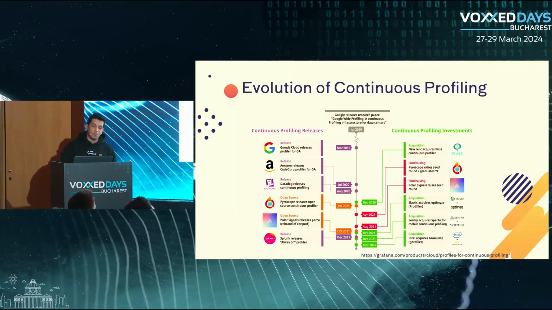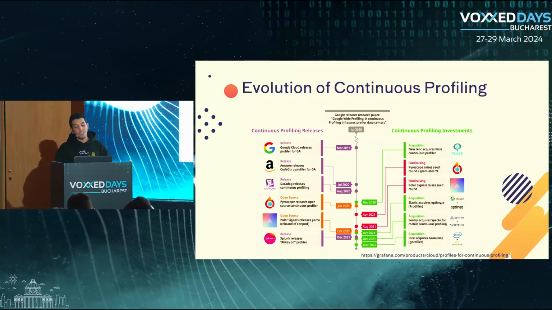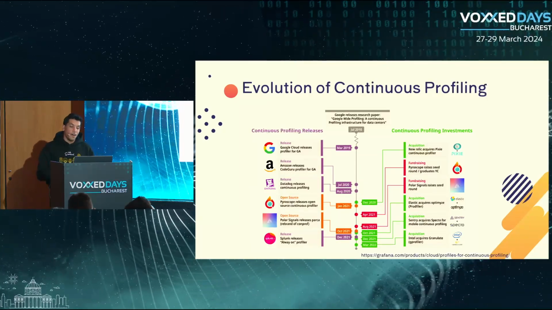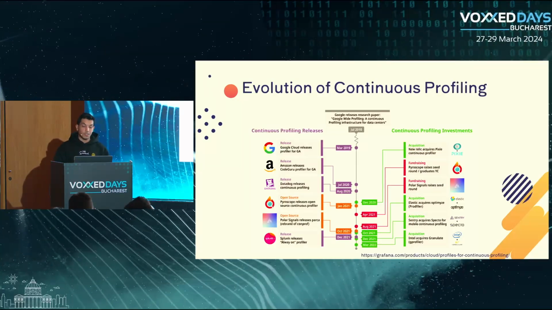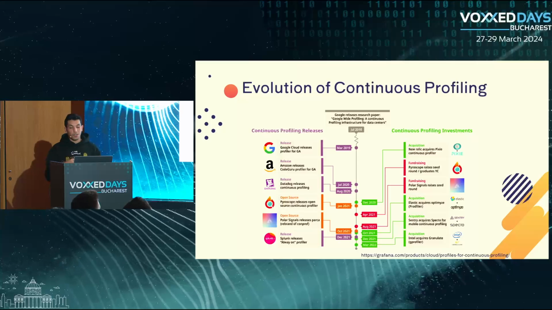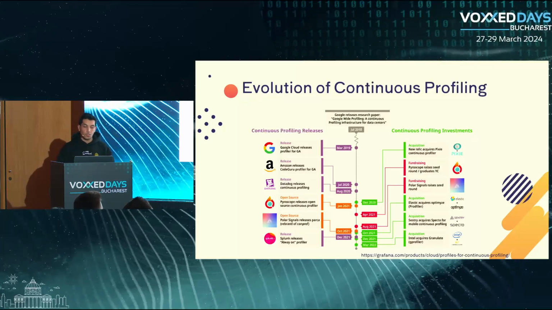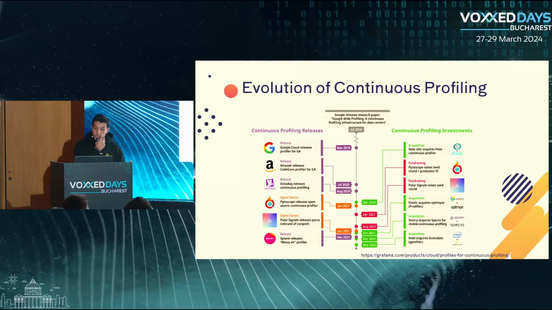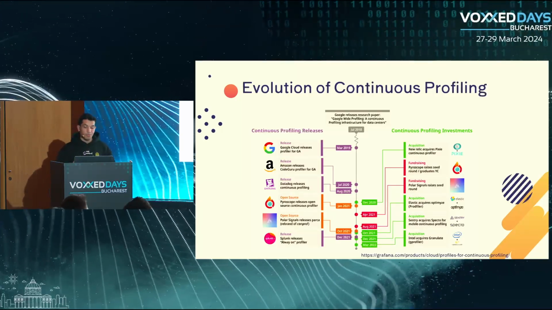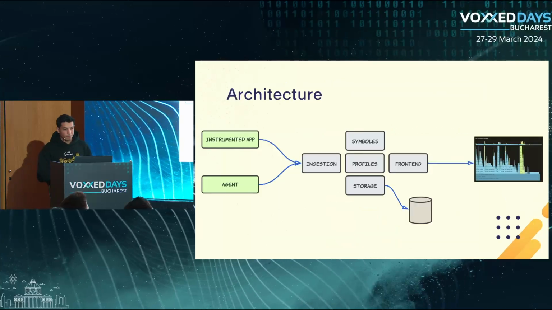Google made it part of their Google Cloud stack. Amazon followed afterward. And then Datadog, which is one of the known names in monitoring. And then we started to see a lot of open source tools come: Pixie from the CNCF, Grafana has their own with Pyroscope. And we're seeing a lot of tools coming.